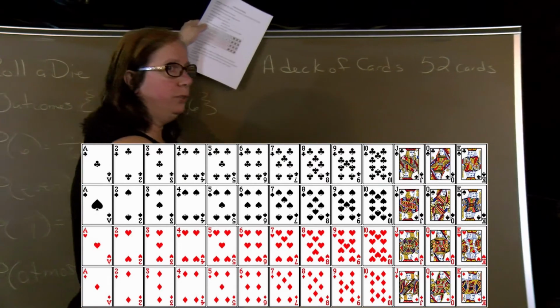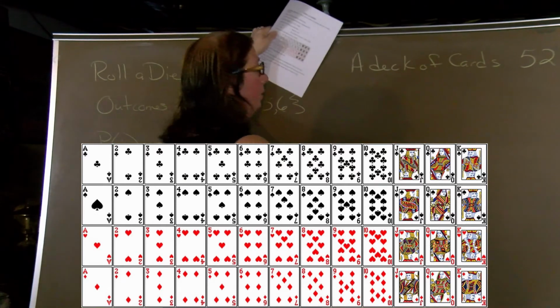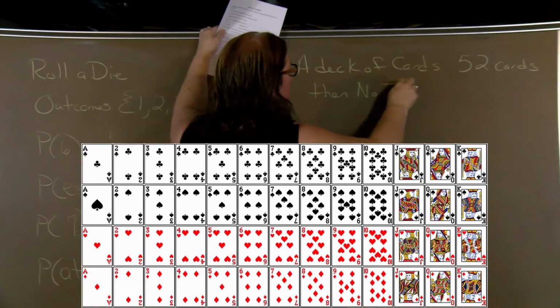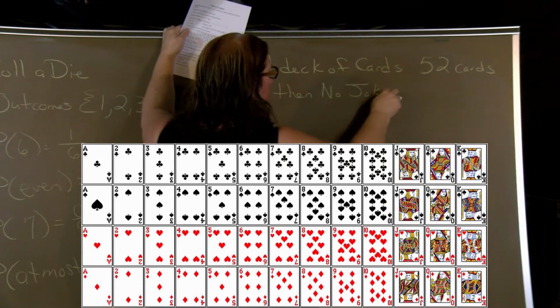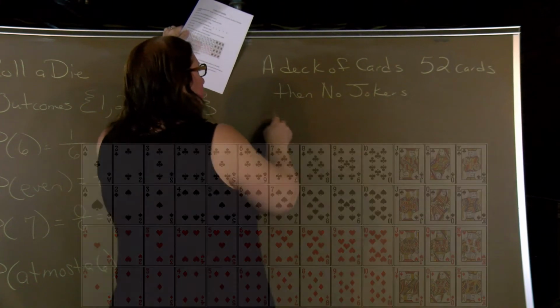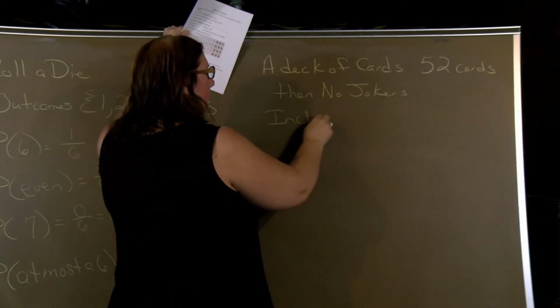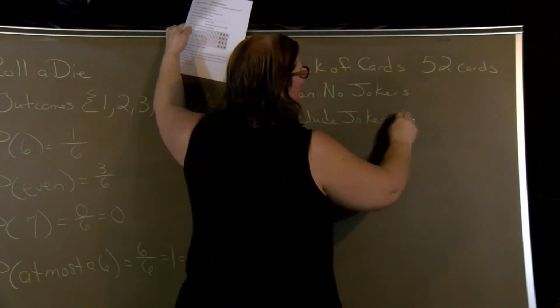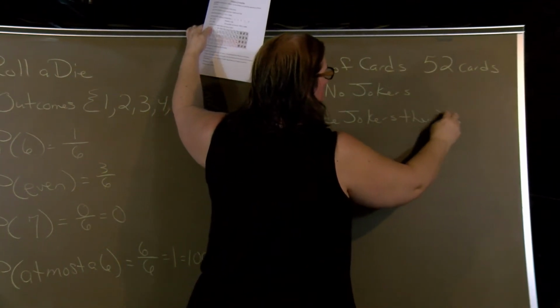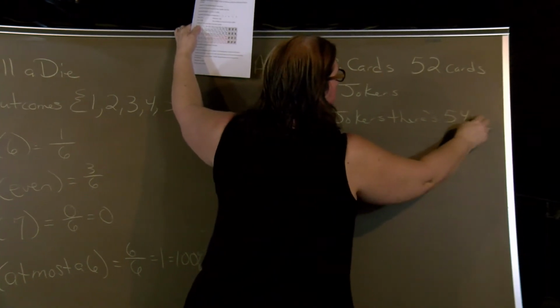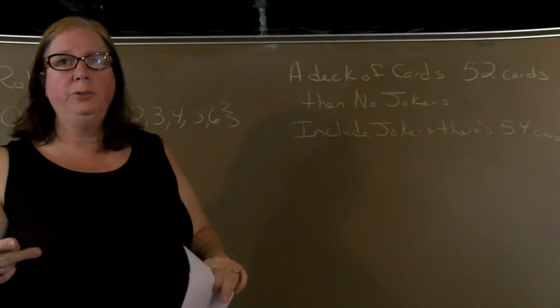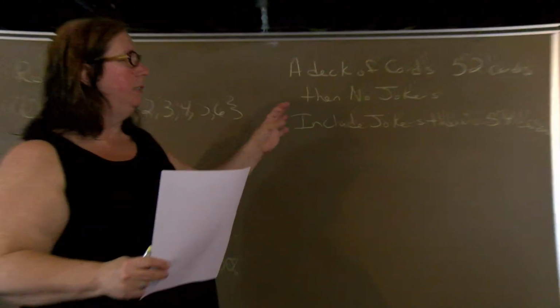When they say 52 cards, they're not counting the jokers. If they want to include jokers, there's 54 cards, because there's 2 jokers in every deck, but usually we don't include them.